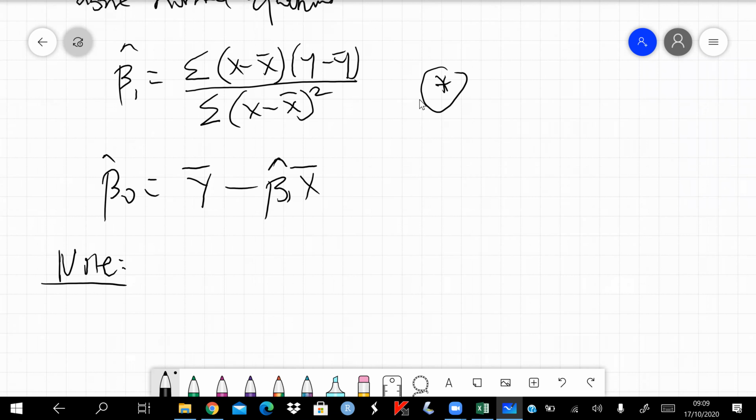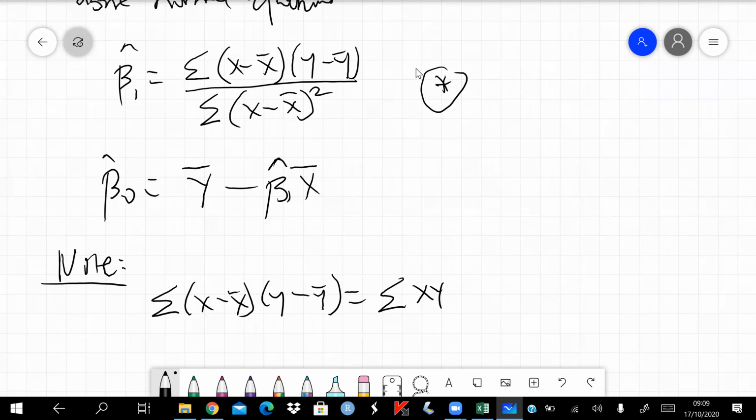We note that the summation of (x minus x bar)(y minus y bar) is exactly the same as the summation of x multiplied by y, minus n multiplied by x bar y bar. So this simplifies the formula above.